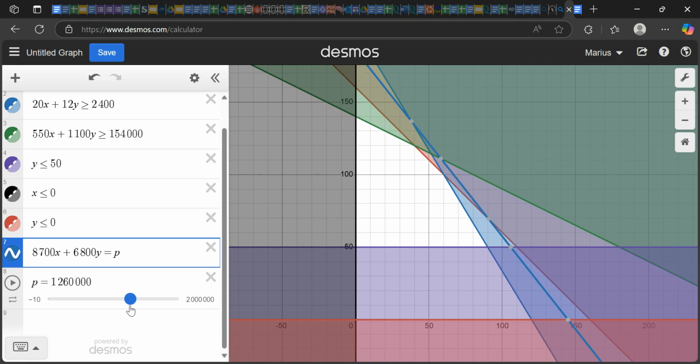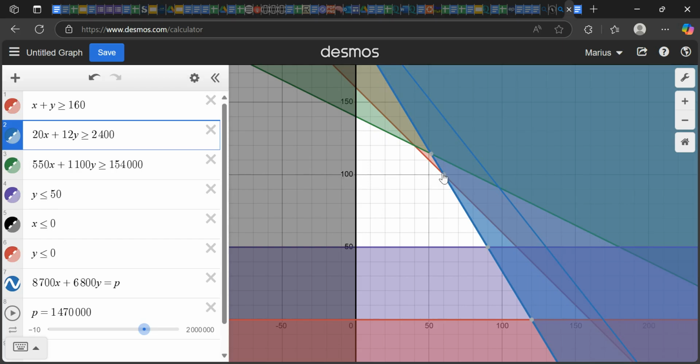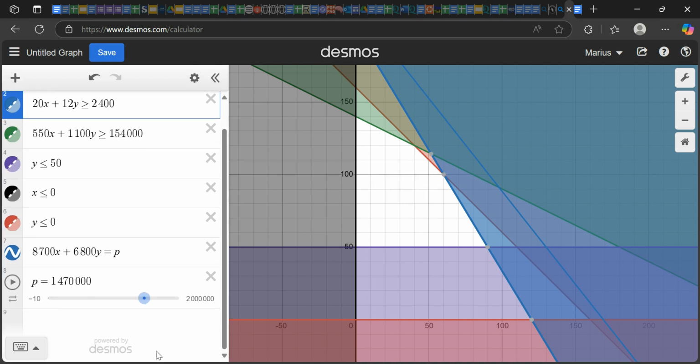And where does it look like it enters the feasible region? At this point here. Yeah. Which means we can also do the following.